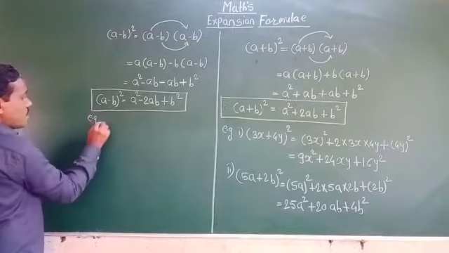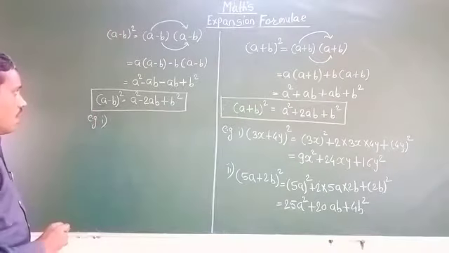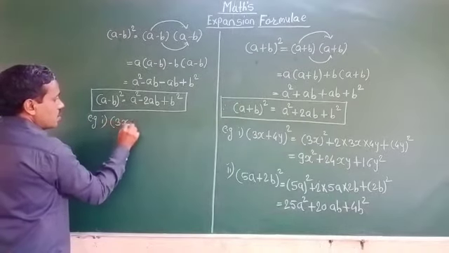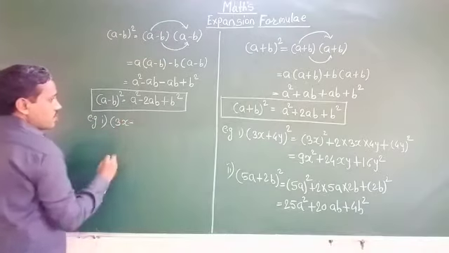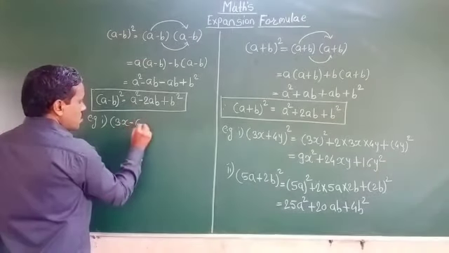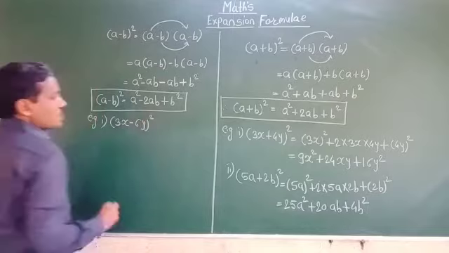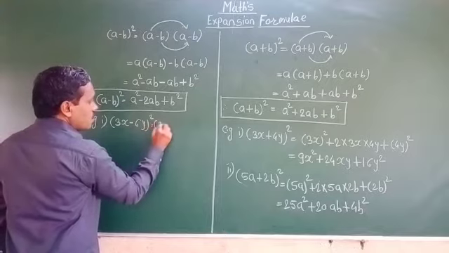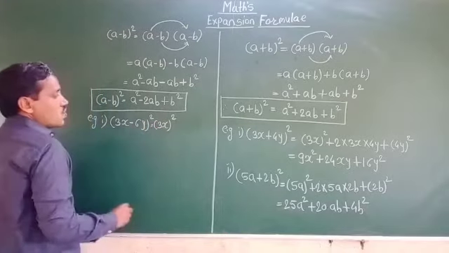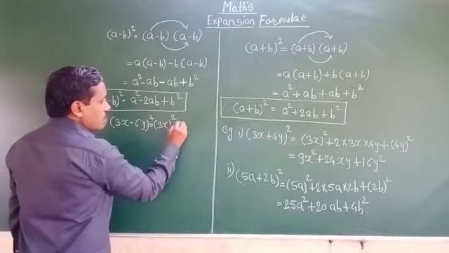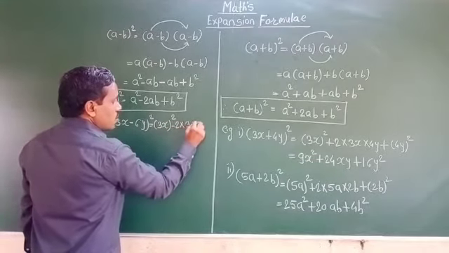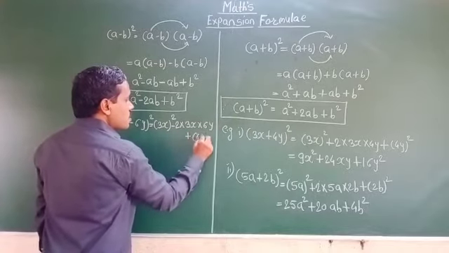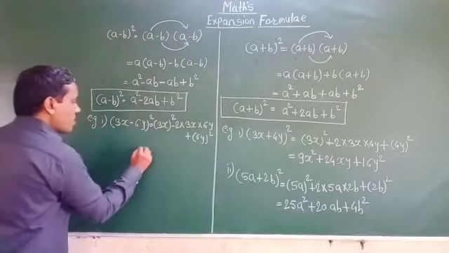We take some examples according to that expansion. The first example is (3x minus 6y) whole square. The expansion is (3x) square minus 2 into 3x into 6y, plus (6y) square.